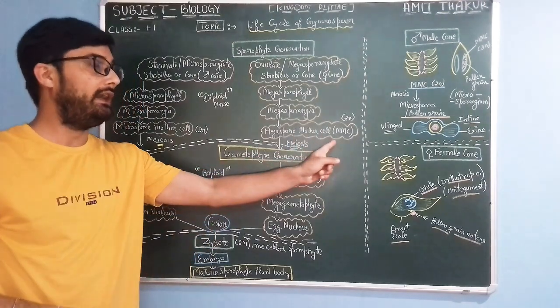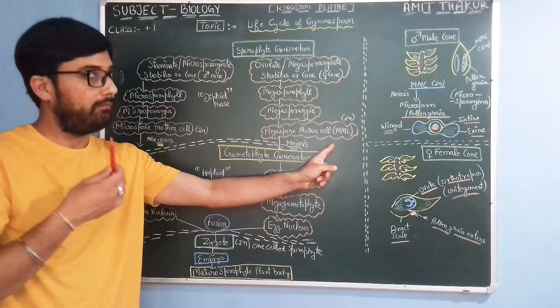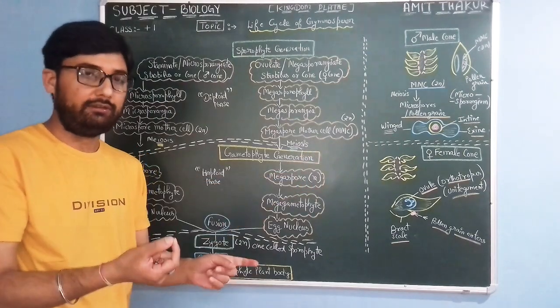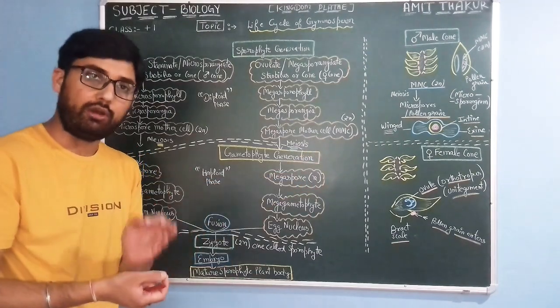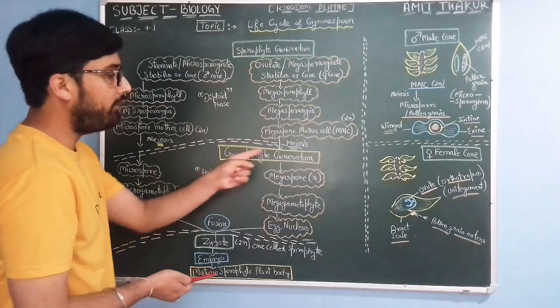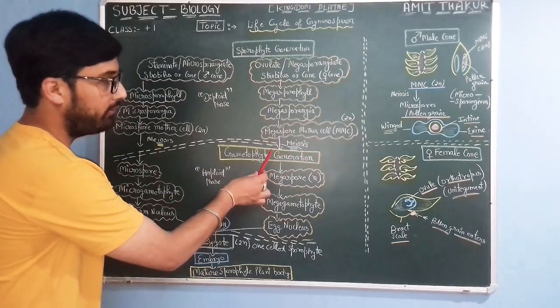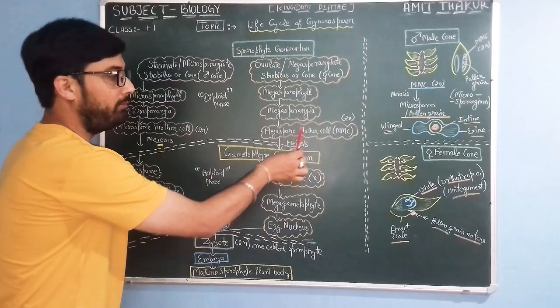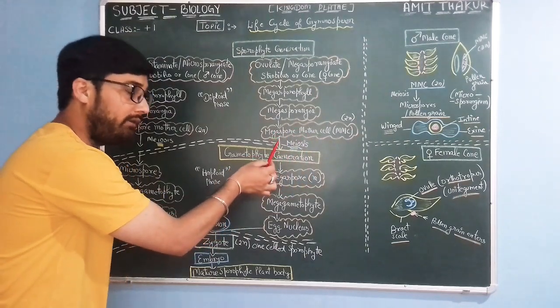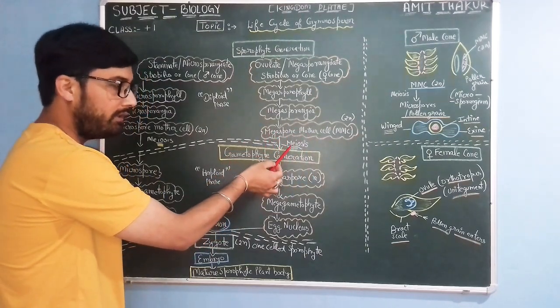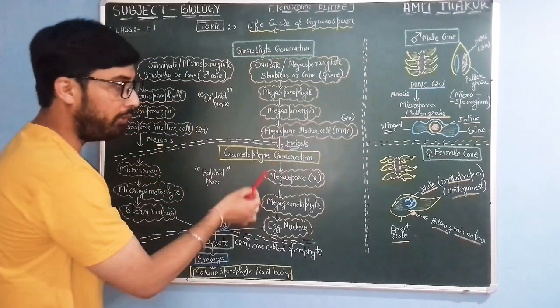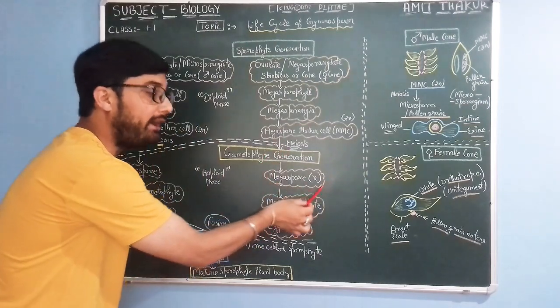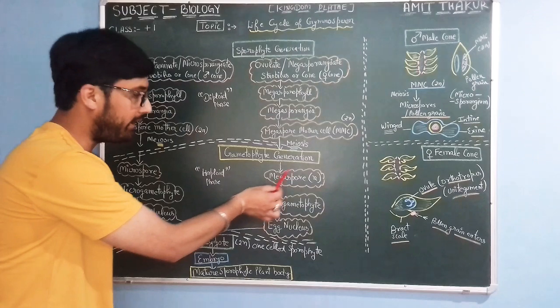It means they are diploid here, but when they undergo meiosis, they become haploid and enter the gametophytic generation. So from the megaspore mother cell, after meiotic division, they form a haploid megaspore.